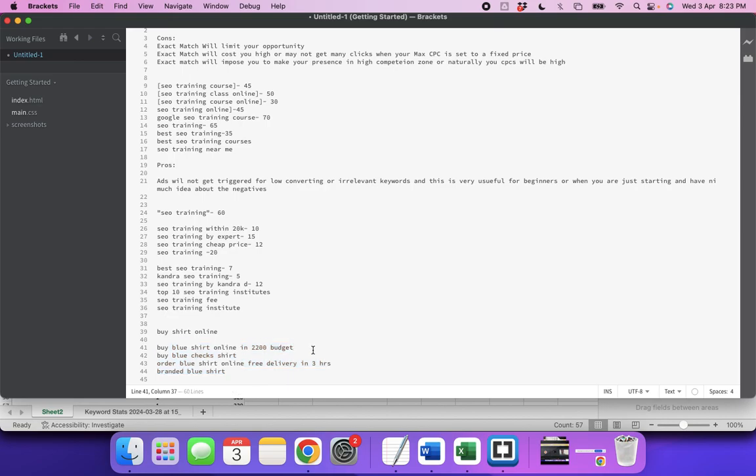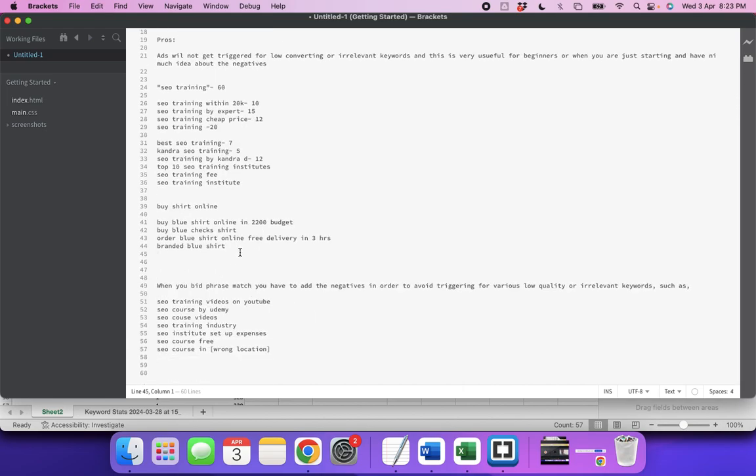Obviously it shows there are no searches, but there will be searches, one search in a year, 10 searches or 20 searches a month. 10 searches also fine, 10 searches in a quarter. But there are many such terms, not one or two keywords, millions of such keywords. So you will miss out on opportunity if you are bidding on exact match. Did you all get that?